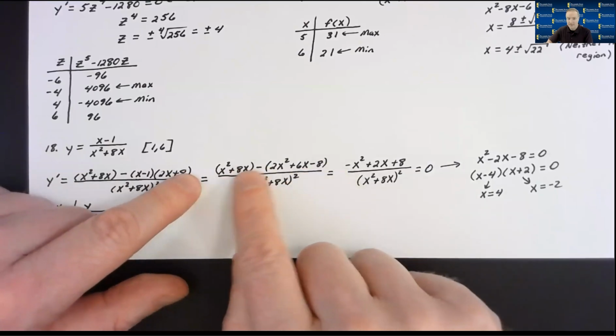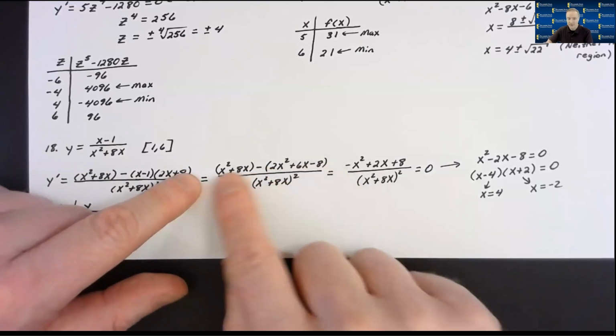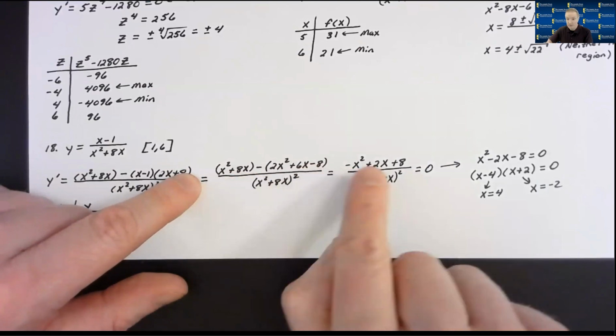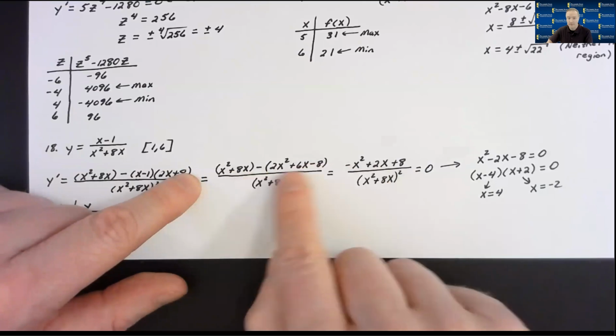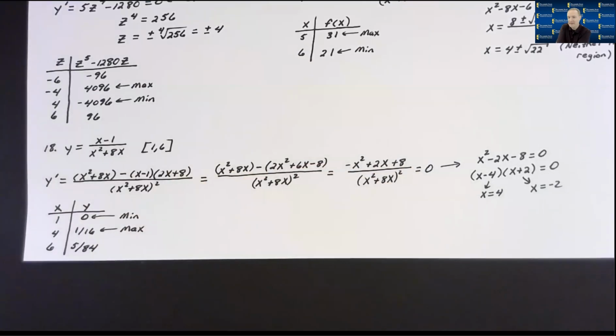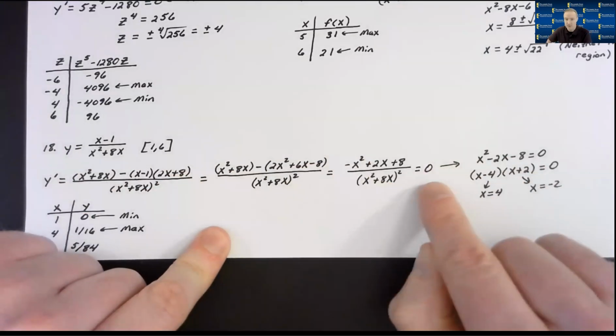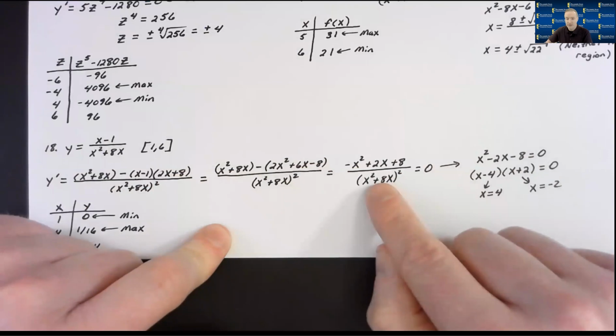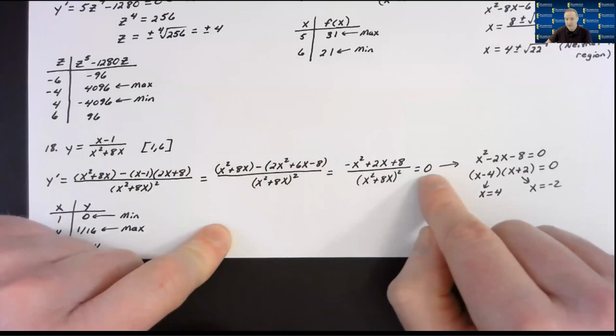But now when I take this group minus this group, I'll get a negative x squared, and I would get a plus 2x, and a minus a negative 8 gives me plus 8. But now I said, okay, now I need to set that derivative, which is the entire quotient, equal to 0. The only way a fraction can equal 0 is if the numerator equals 0.